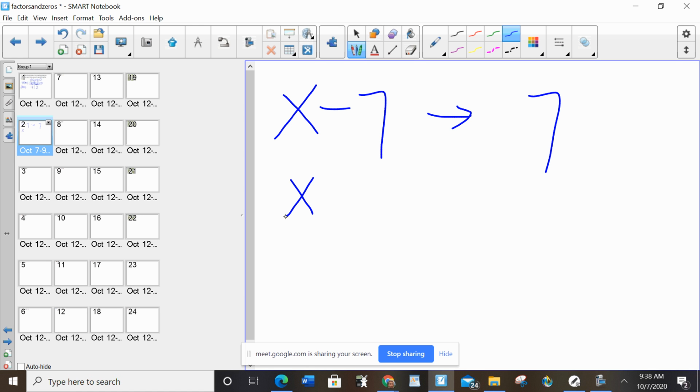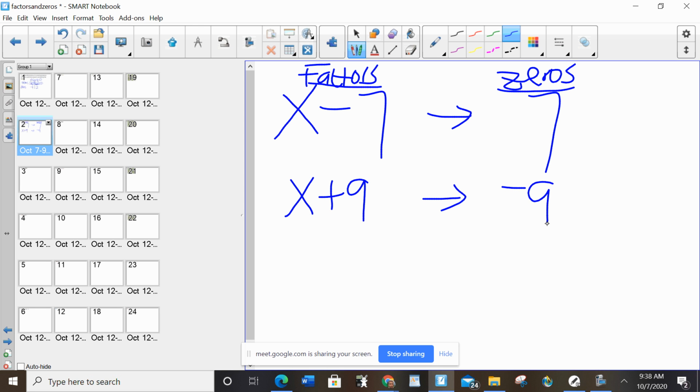If I have a factor of x plus 9, so let's just write these are my factors, and these are my corresponding zeros. If my factor is x plus 9, my corresponding 0 would be negative 9. Now, notice again that the factors have x's and the zeros are just values where it hits the x-axis.